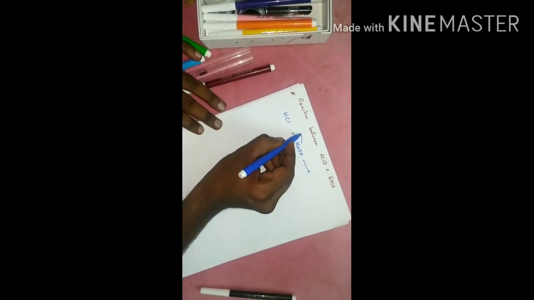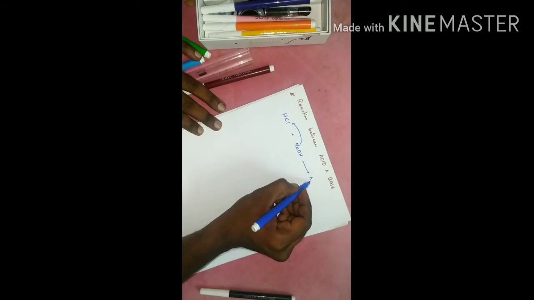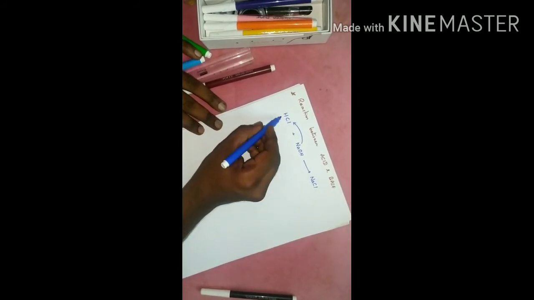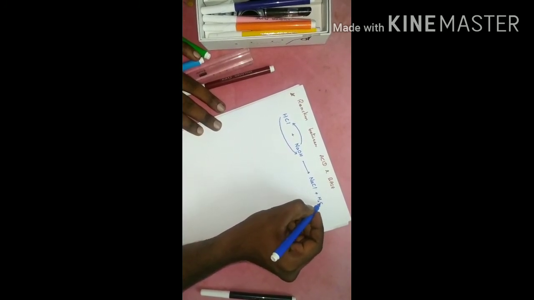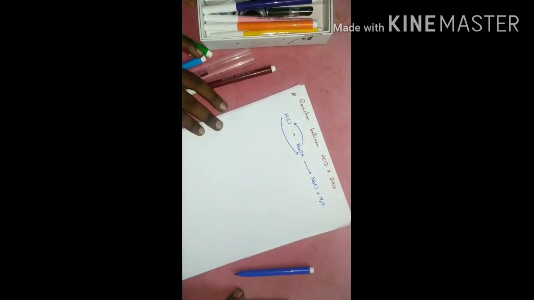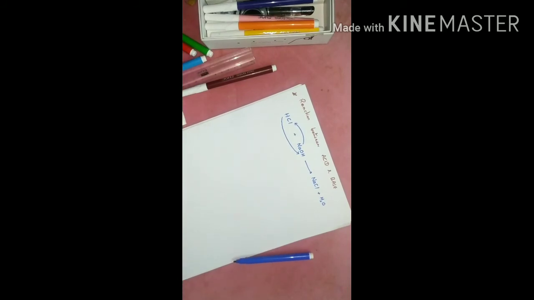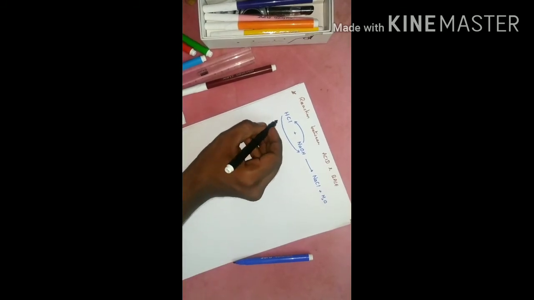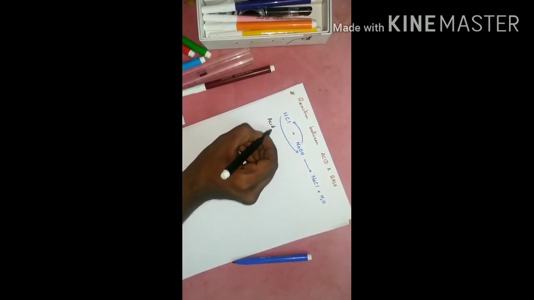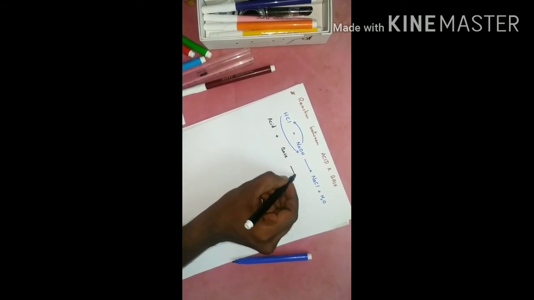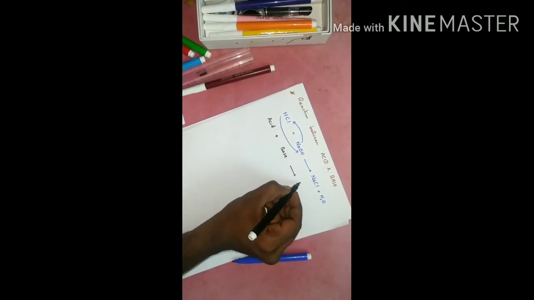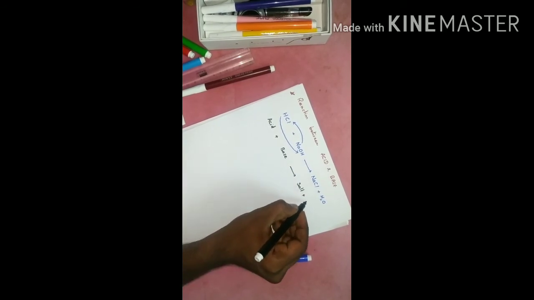You know that sodium combines with chlorine, then you are getting NaCl. This hydrogen will combine with this OH, then you will get H2O. HCl plus NaOH gives rise to NaCl plus H2O. This HCl is an acid, NaOH is a base, NaCl is a salt, and H2O is water.